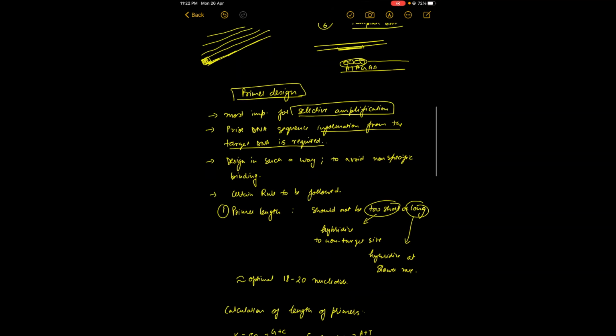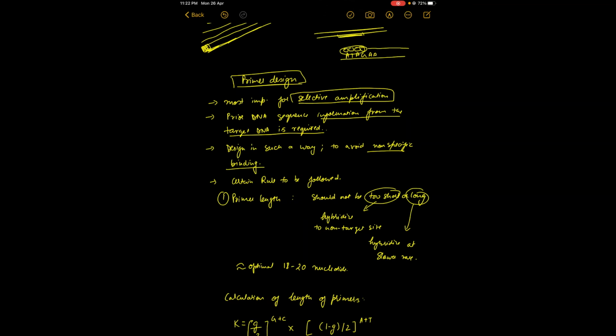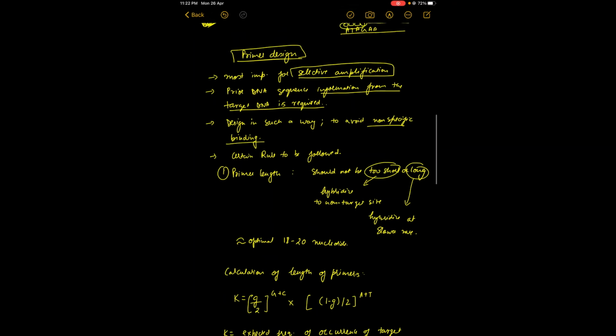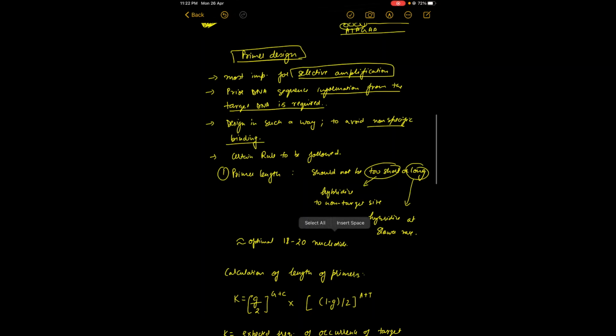Okay, and the design is in such a way as to avoid non-specific target binding, and we should also take care that the primer does not get incorporated into other non-specific positions. So there are certain rules to be followed for making the primer. First is the primer length.